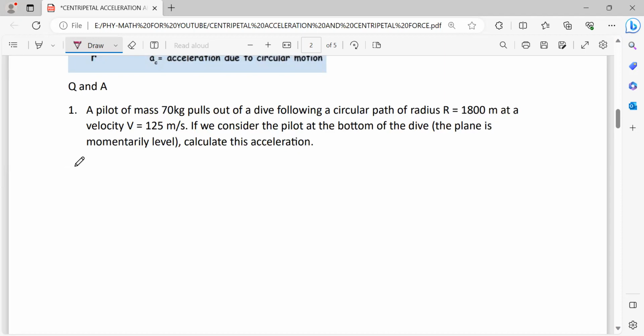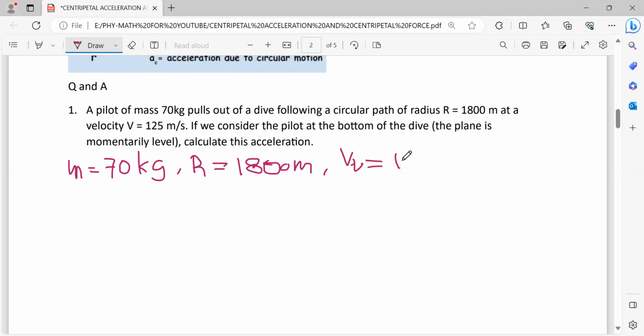So identify first: m equals 70 kg, radius r is 1,800 meters, and tangential velocity equals 125 meters per second.